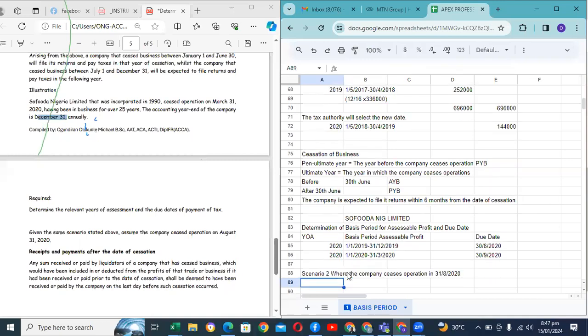And if it is after June 30th, it's going to be preceding year basis.